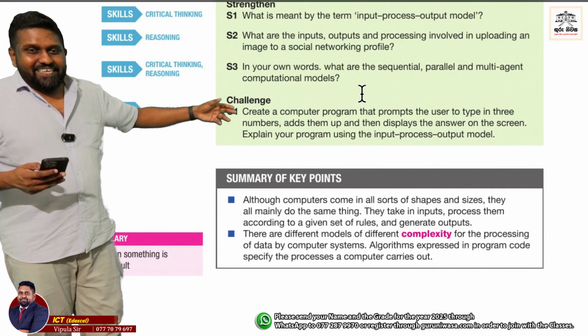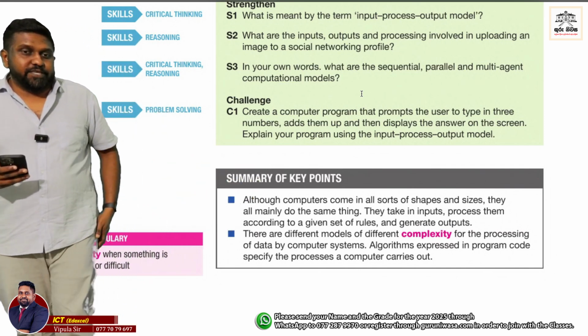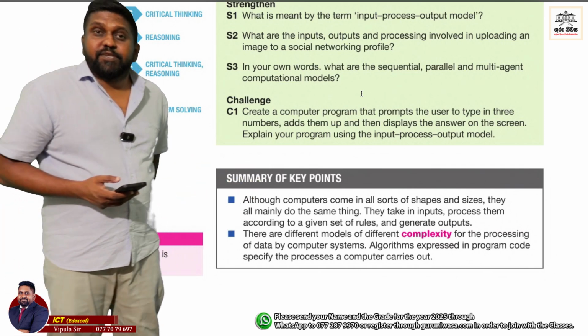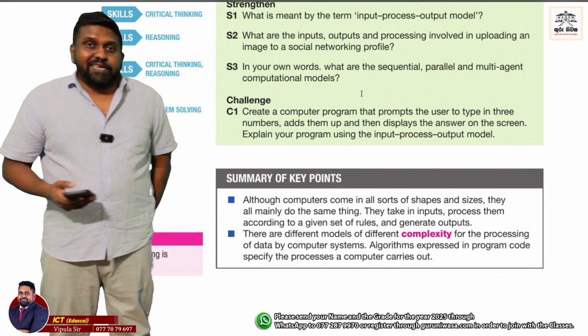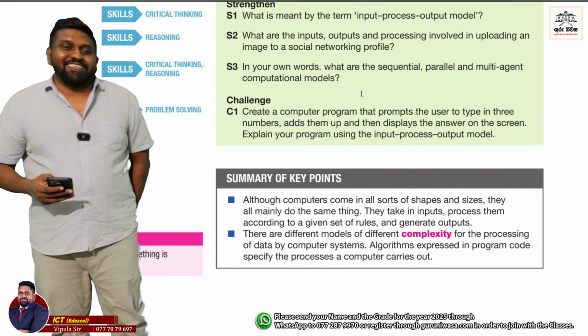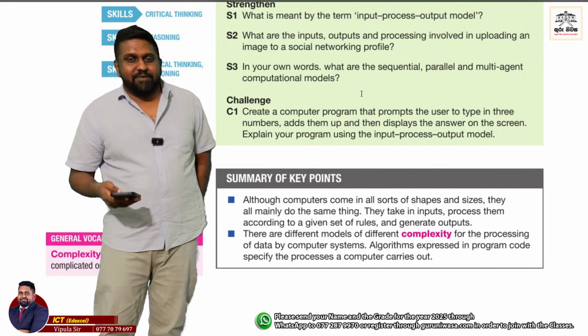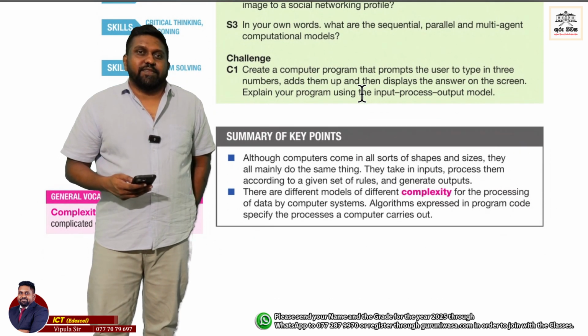Okay, then we have a summary of all the key points. As we discussed, computers come in multiple different shapes and sizes, but they mainly perform the same thing at the end of the day. They all take an input, process it, and output based on a given set of rules.